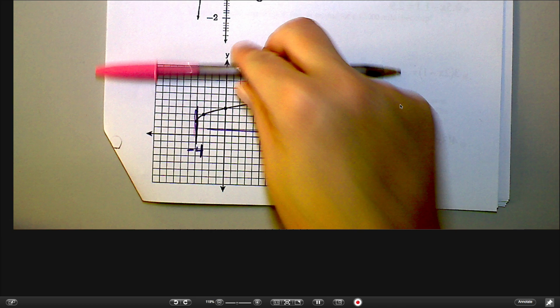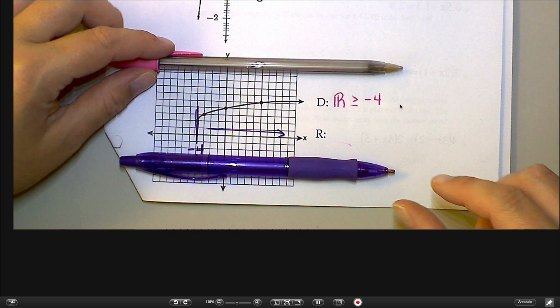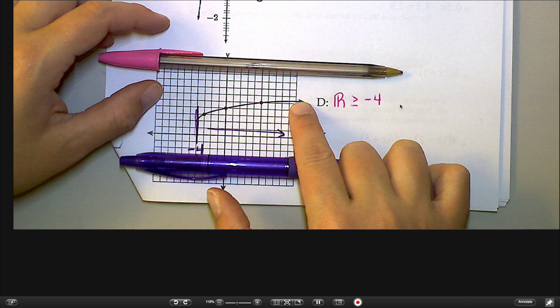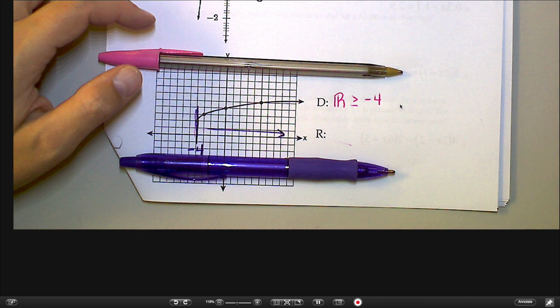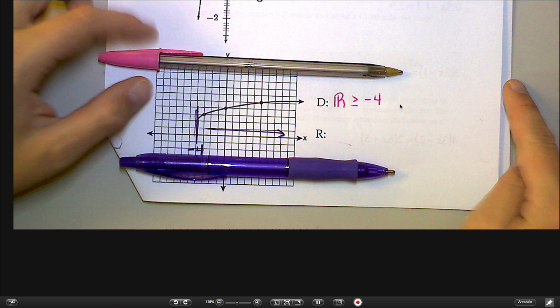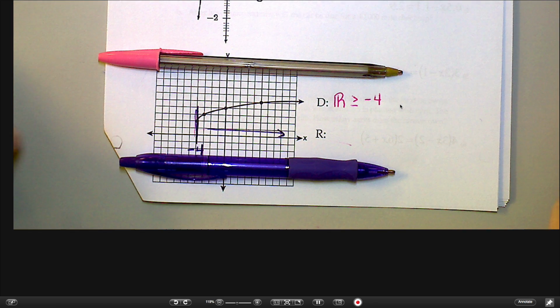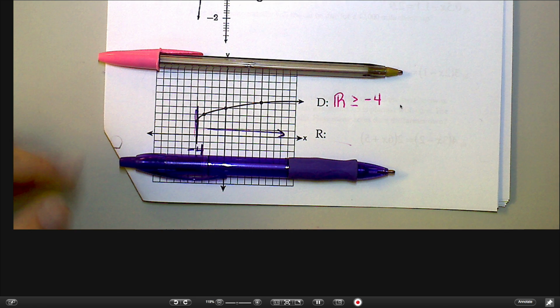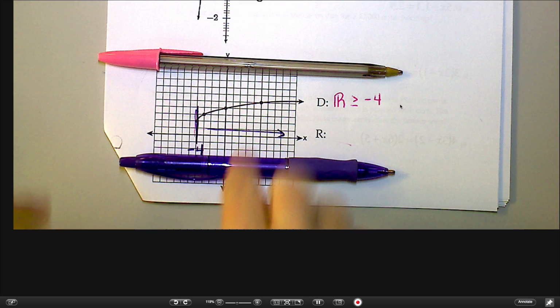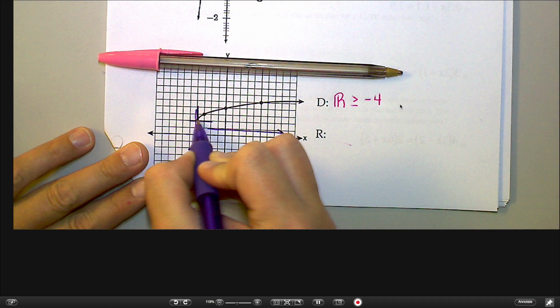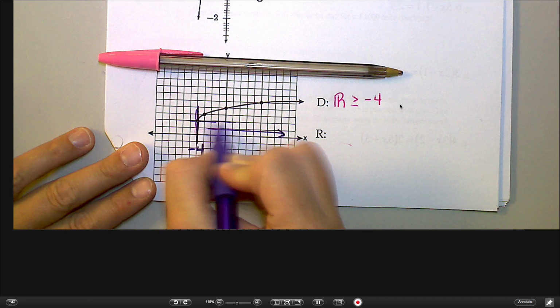For range, when I build my walls above and below, see how this graph is slowly getting higher and higher? So even though you can't see it on this paper, eventually this graph would get up high enough to intersect this pen, if the pen went on forever, okay? So up is no problem. Down, though, it does have a minimum point. It does have a lowest point, and that, again, is this point right here, but now I want to look at it in terms of up and down, okay?